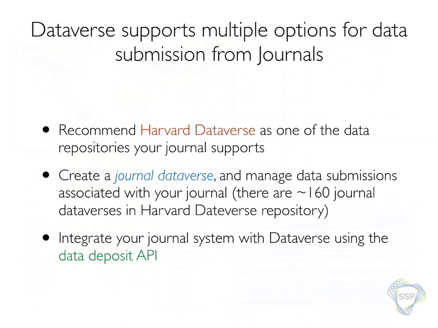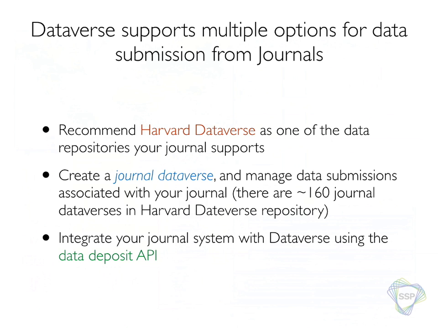The other option, if you want to manage more closely the data sets associated with your journal, is to create a journal Dataverse. Within Harvard Dataverse you create your own virtual repository, and you ask authors to submit the data to your journal Dataverse. I will show you an example in a moment.